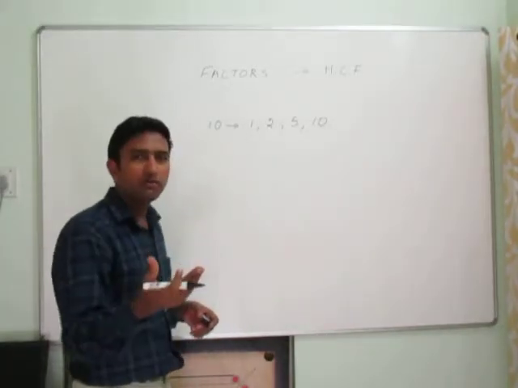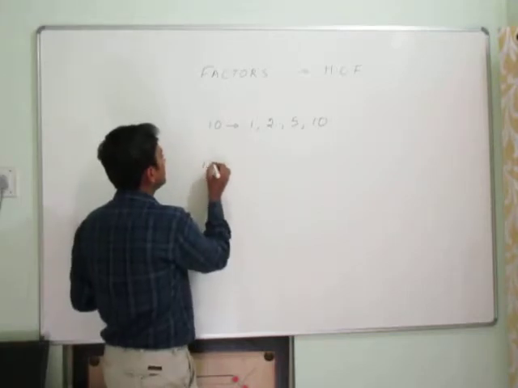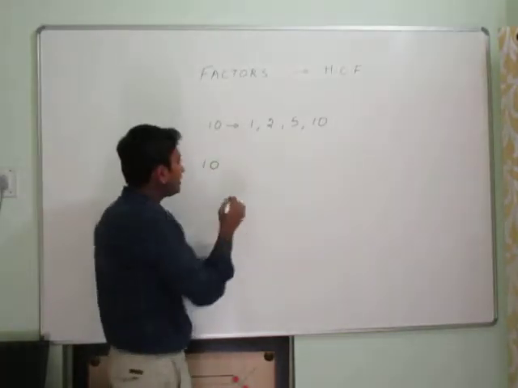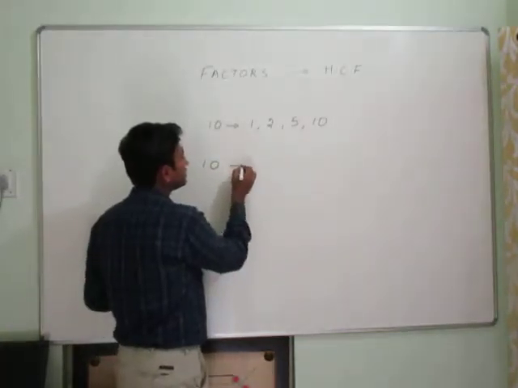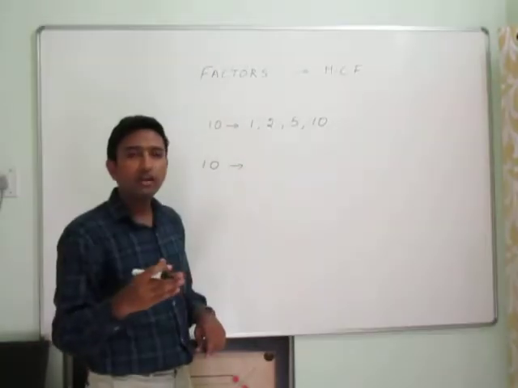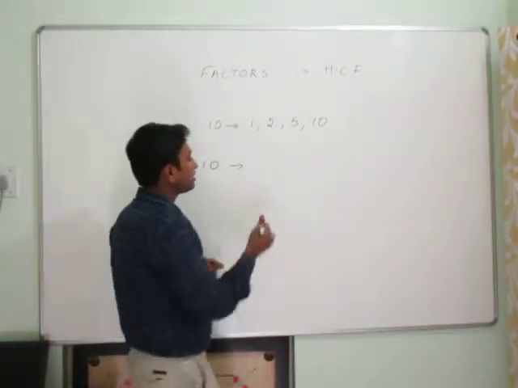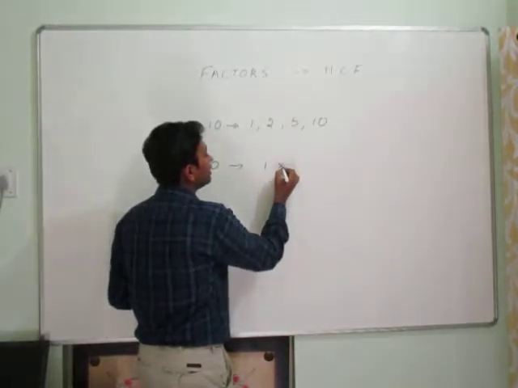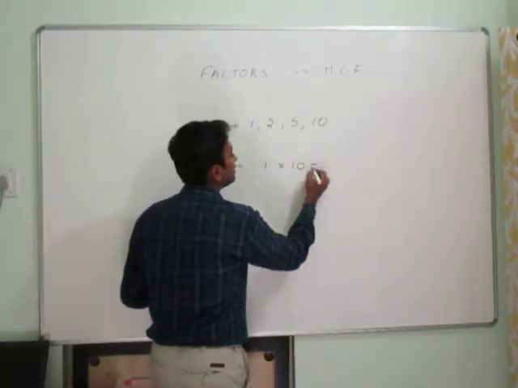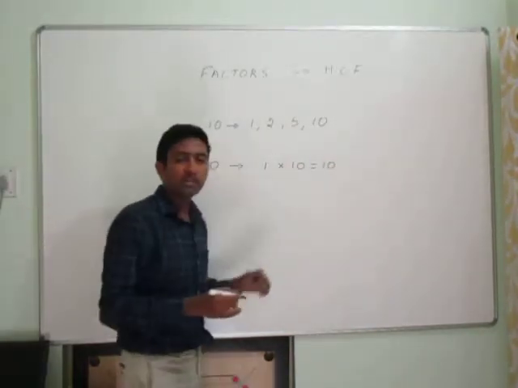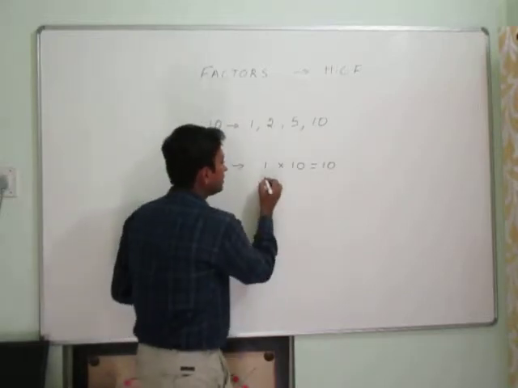There's one more way of finding out factors. For 10, you write all the possibilities of getting 10 when you multiply two numbers. Let's start with 1. 1 tens are 10. Next 2. 2 fives are 10.